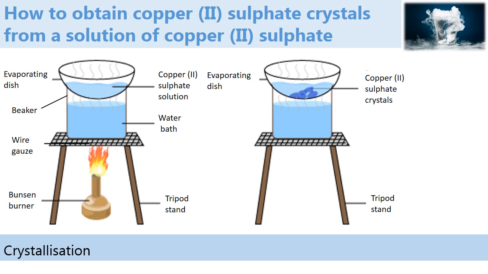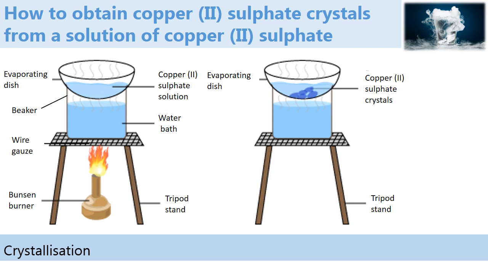In the end, we'll form big crystals of copper 2 sulfate, and then we will pour out the remaining solution, which is known as mother liquor, and remain with crystals of copper 2 sulfate.